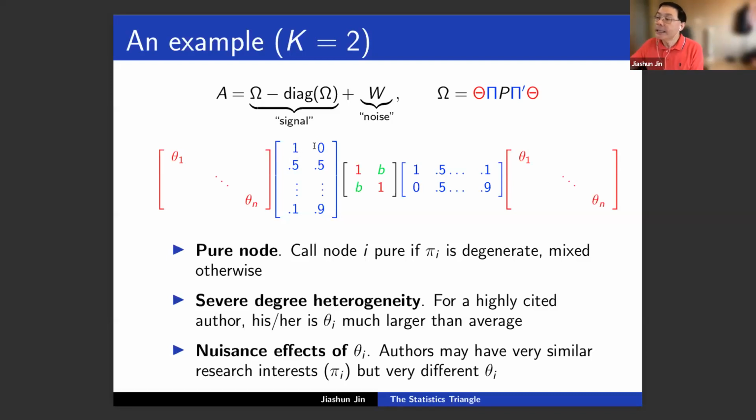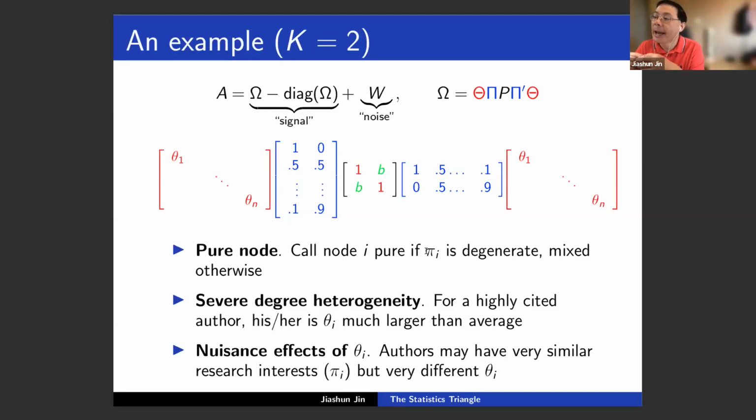Now, an important notion is the so-called pure nodes. We call node i pure if pi i is degenerate, and mixed otherwise. Let me ask you a question. What kind of author would be more pure, a fresh PhD or a senior professor? Clearly the senior professor is less likely to be a pure node, and the fresh PhD is much more likely to be a pure node, because a pure node means you only have citations from one of these K areas.